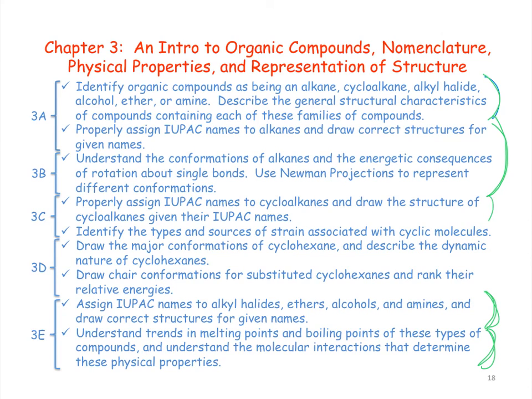We then went on and talked about cycloalkanes, particularly focusing on cyclohexane. And we learned how to name these cycloalkanes, and then we talked about the conformations that are available to cyclohexane as well, and how to draw the chair conformations.